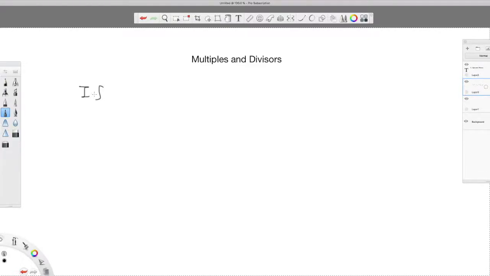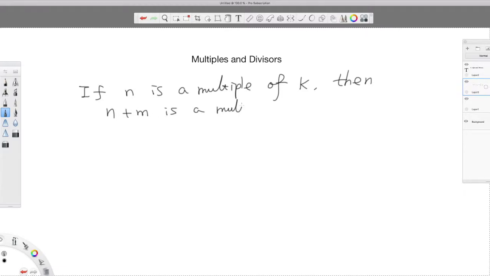If n is a multiple of k, then n plus m is a multiple of k if and only if m is also a multiple of k.